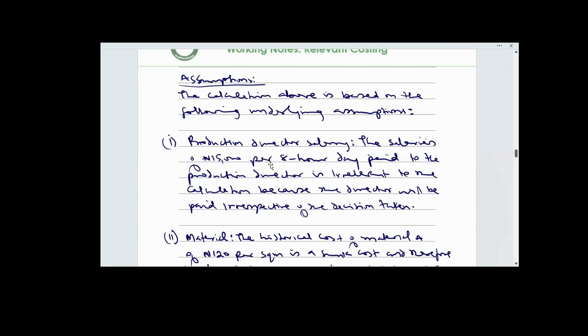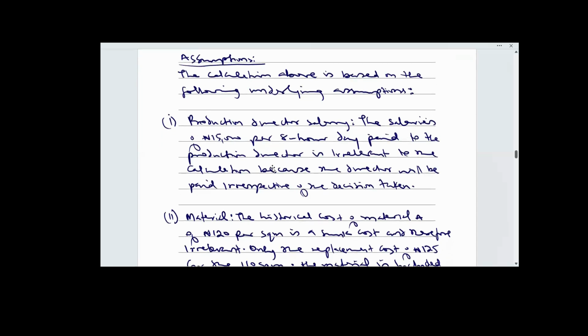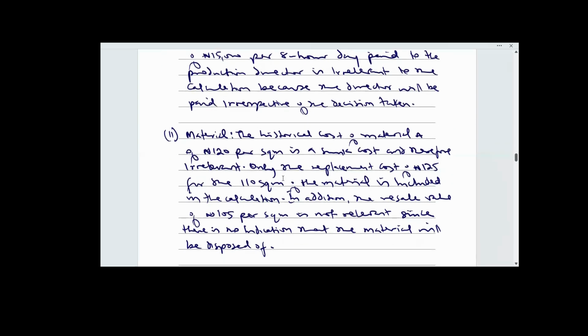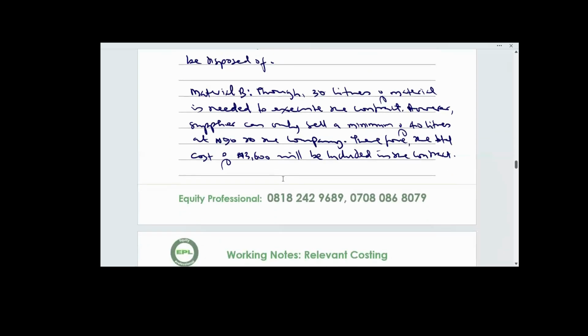But if you are stating your assumption as you do each calculation, on the basis of the additional information I've given to you, it will still be very fresh in your memory, so you can easily state it clearly the way you have solved the question. So that is for that.